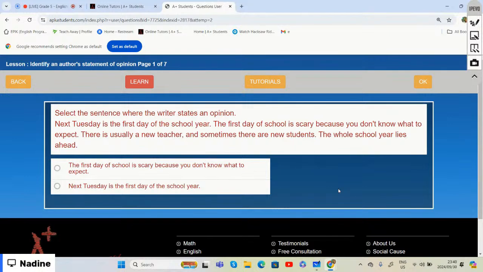Is it option one, the first day of school is scary because you don't know what to expect, or option two, next Tuesday is the first day of the school year? What is the writer's opinion? Option one or option two?